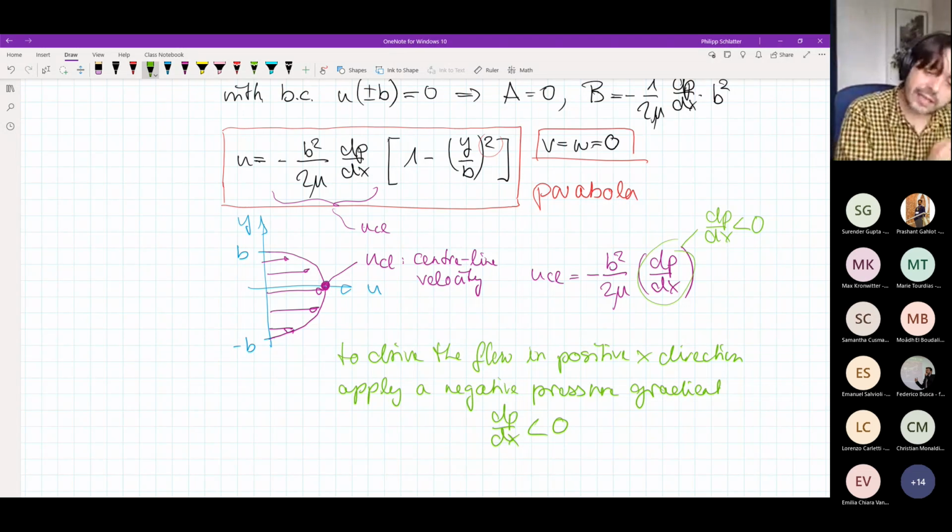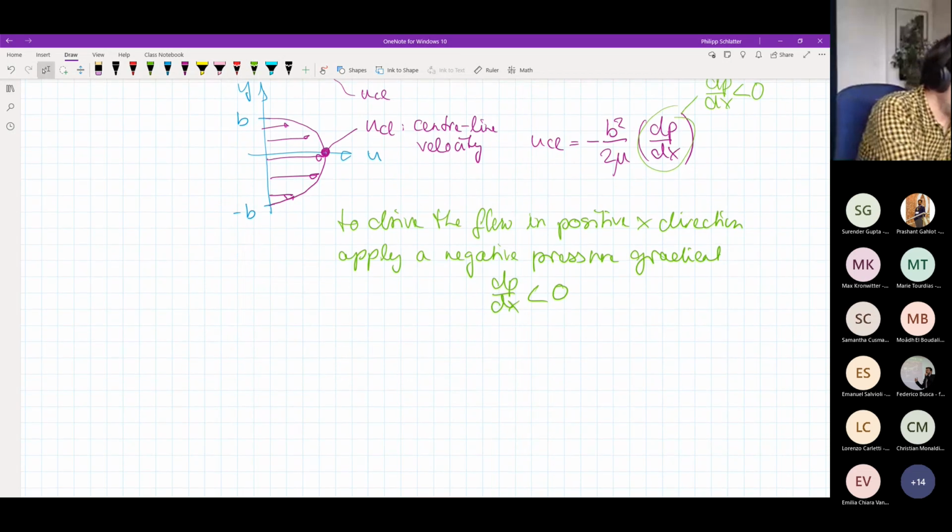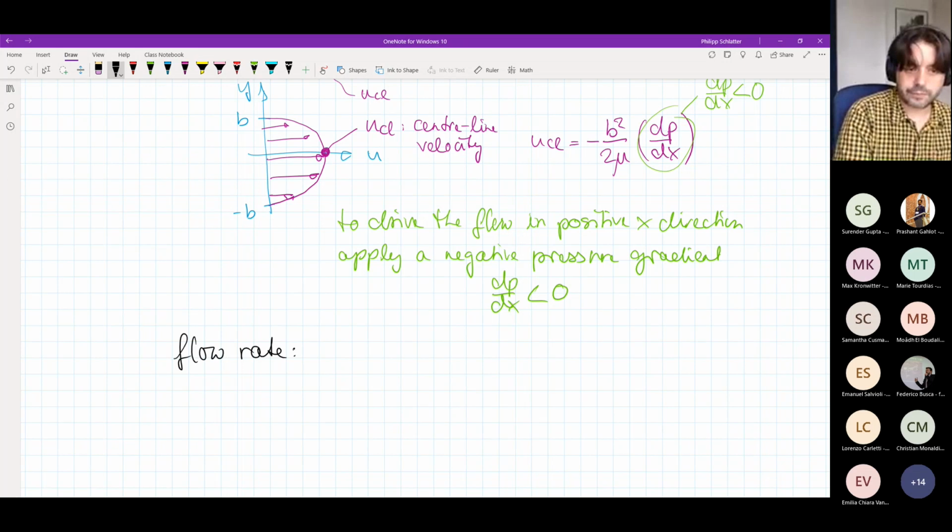There is actually a second velocity that we sometimes use. And I would also like to introduce that right now to characterize this flow. And that is actually related to the flow rate in this configuration, which you then can also express as a velocity, which I will tell you in a minute.